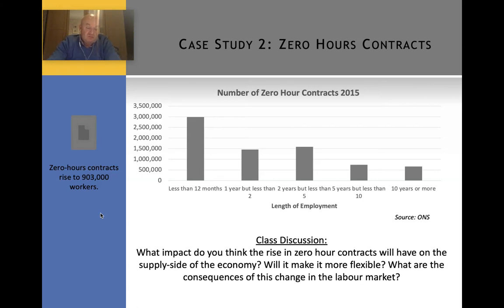In certain instances, maybe employees are quite happy to have 0 hours contracts, but it doesn't guarantee them a certain amount of income, and it allows labour market flexibility as far as the employer is concerned, but it doesn't necessarily give any sort of security or any benefit to the employee, and that's something to bear in mind. Okay, you could argue it makes for more flexible labour markets, and to some degree it was probably encouraged certainly when we were going through significant recessionary periods.